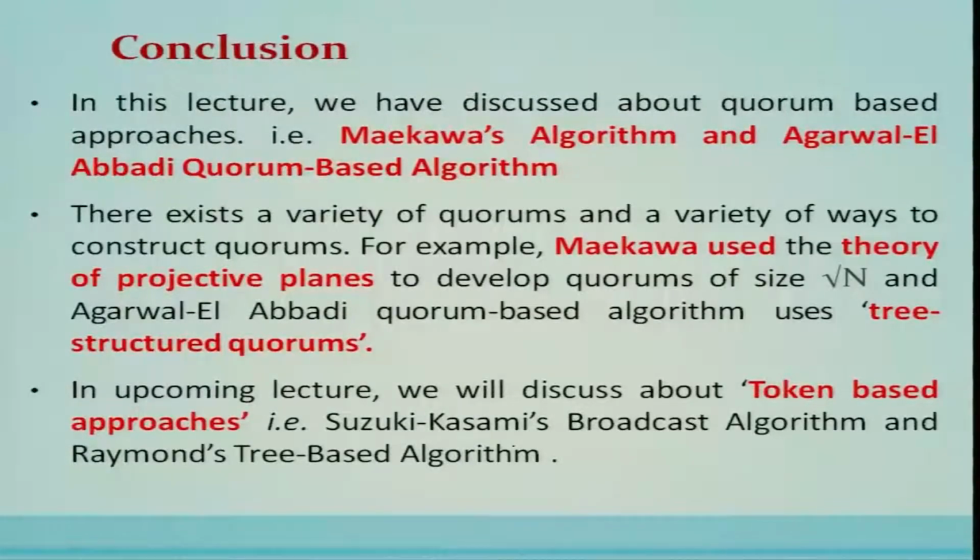For example, Maekawa used the theory of projective planes to develop quorums of size root n, and the Agarwal-El Abbadi algorithm uses tree structured quorums. In upcoming lectures we will discuss token based approaches given by Suzuki-Kasami's broadcast algorithm and Raymond's tree based algorithm. Thank you.